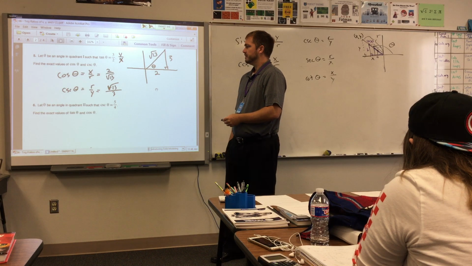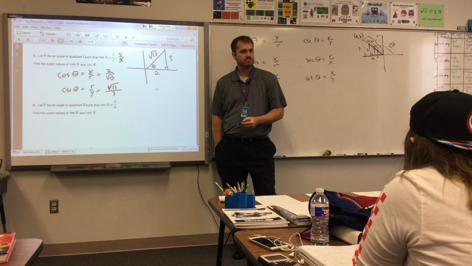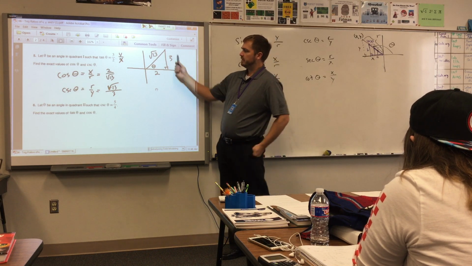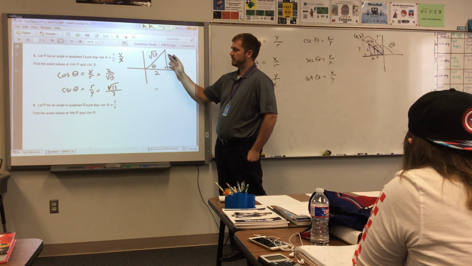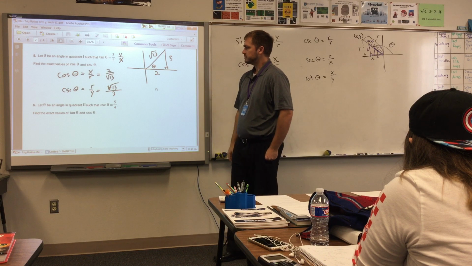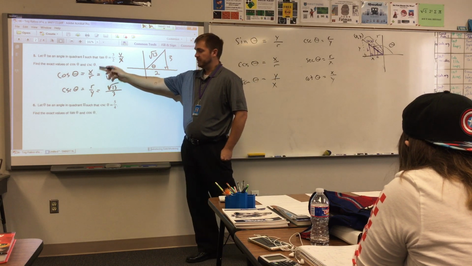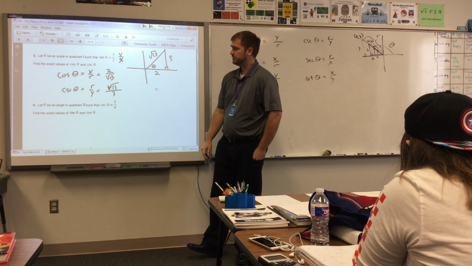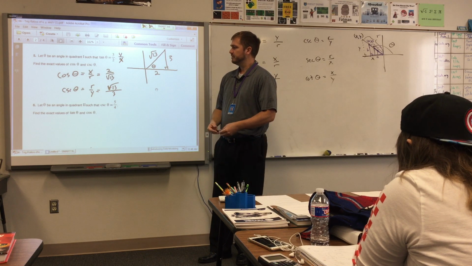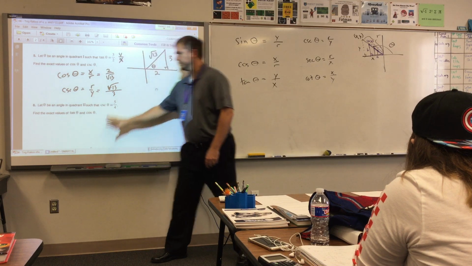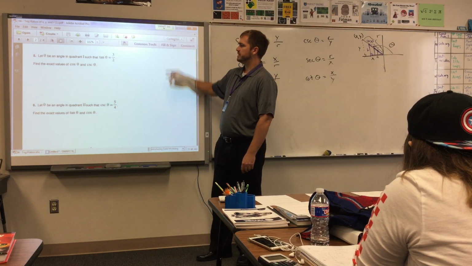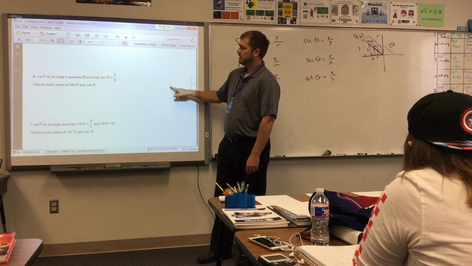Does that look familiar? Sort of using Pythagorean theorem, figuring out what those other values are, and then just applying our new trig formulas. Okay, so that's not too bad. That's, like I said, what we worked on yesterday. That question, I think, is exactly the same, or at least very similar.